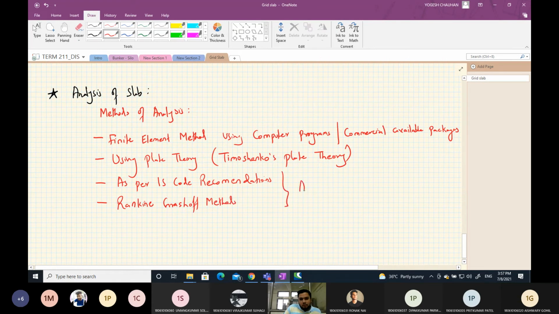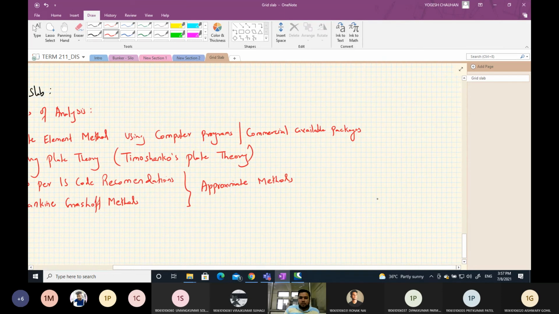These two methods are approximate methods, whereas the earlier two are more or less exact methods.